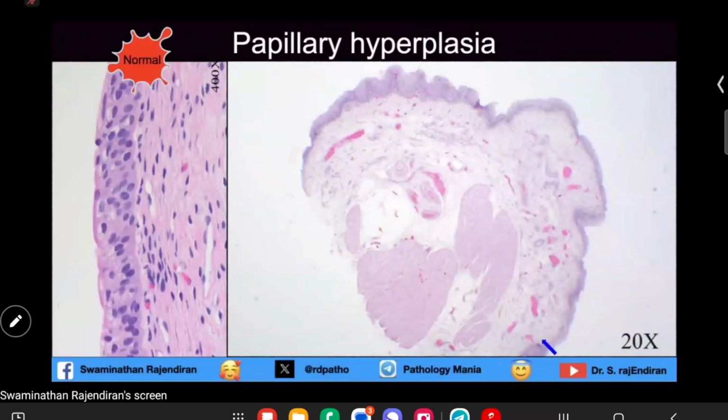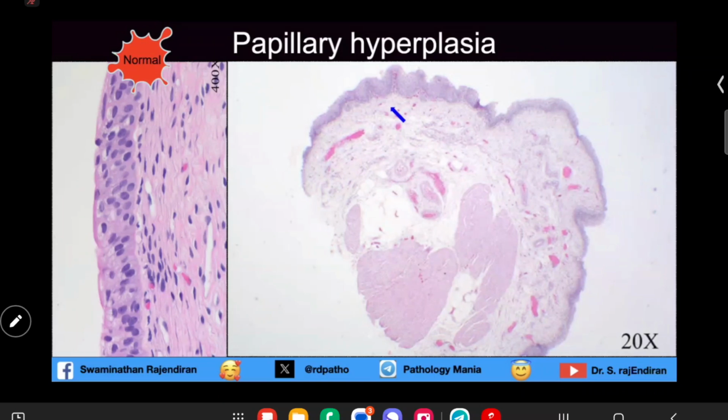Here I thought I will show you the normal and abnormal lesions. Normal urothelium you can see on the left-hand side, and this is papillary hyperplasia. You see the undulations, but there is no fibrovascular core. It is like knuckles. I don't know whether you can see the camera. It's like knuckles of our fist.